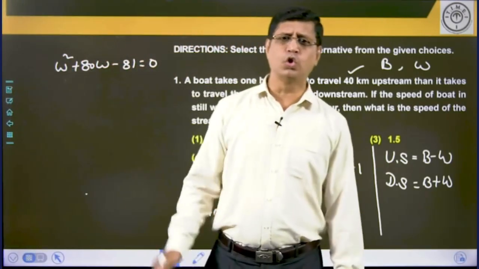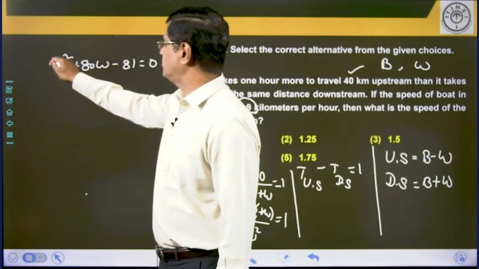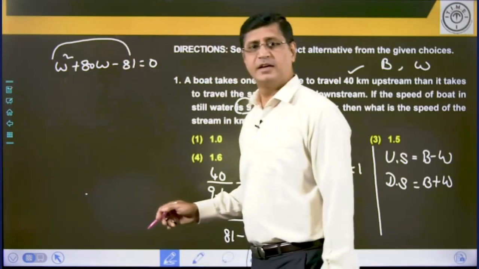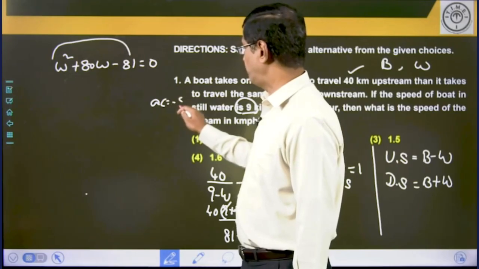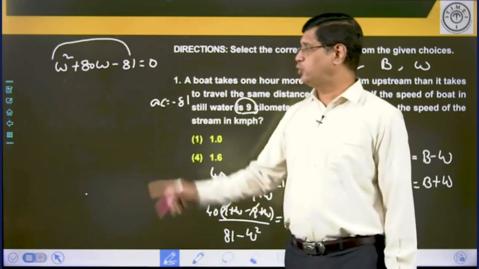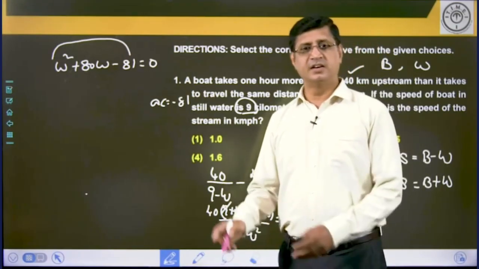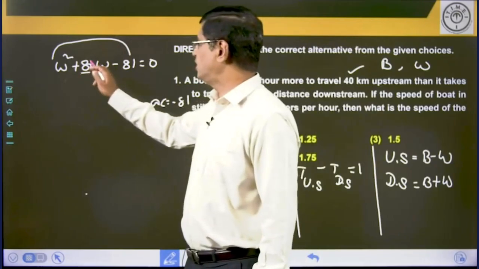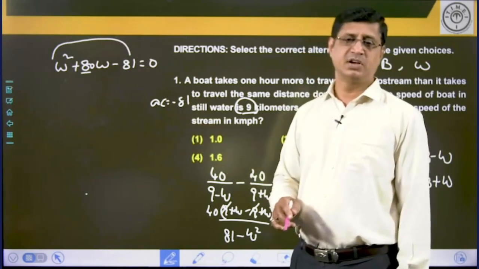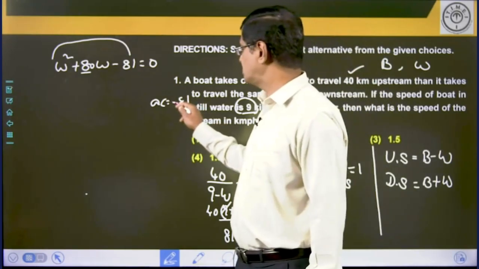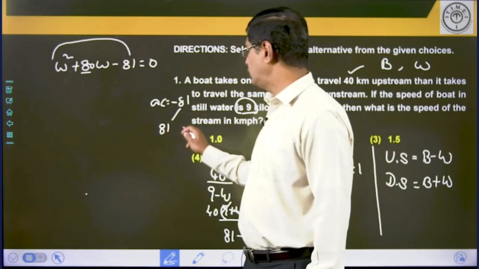Just to find out the roots of this quadratic equation. If you observe this here, the product of term A and C, how much is it? It is negative 81. A into C is equal to minus 81. So what are the factors? The middle term, that is the value of B, is equal to the difference of the factors. 81 can be written as 81 into 1.